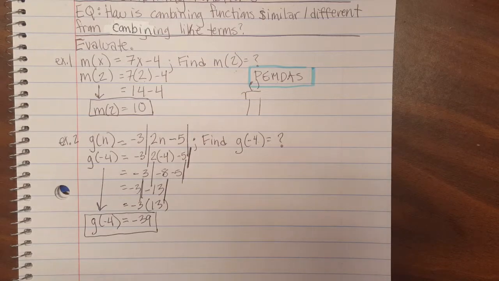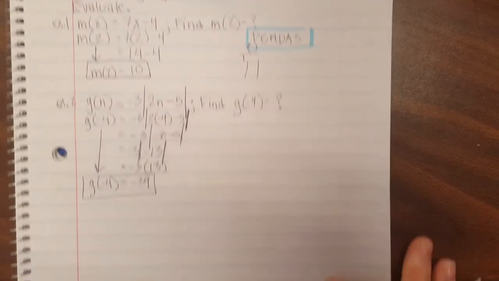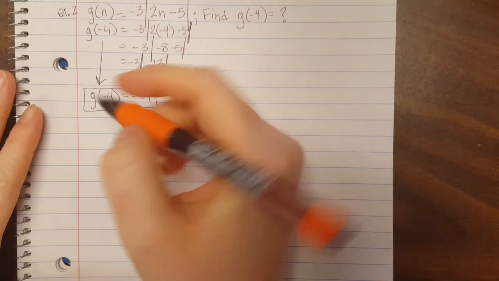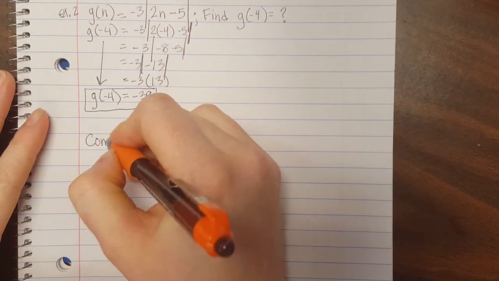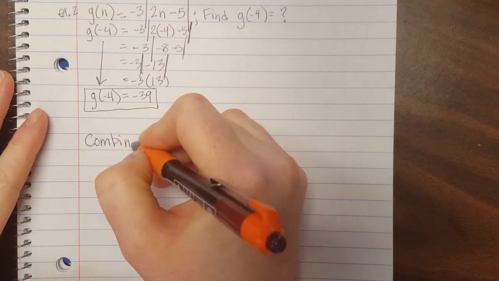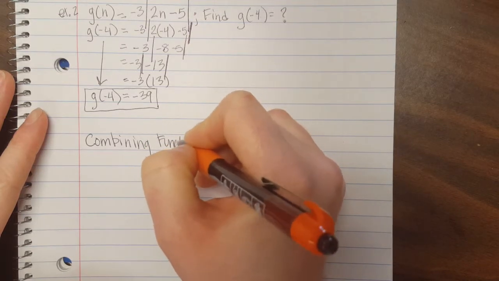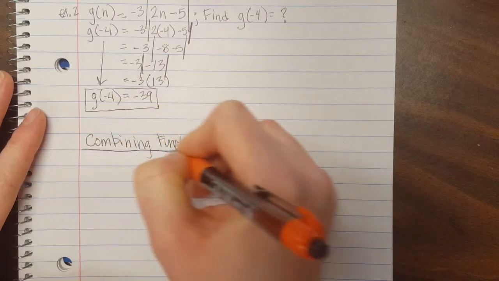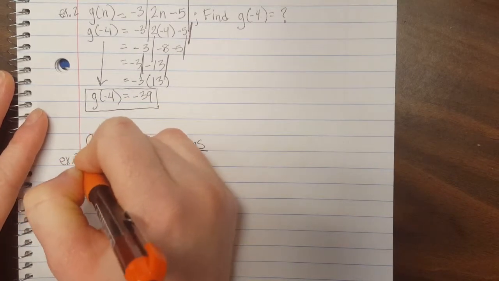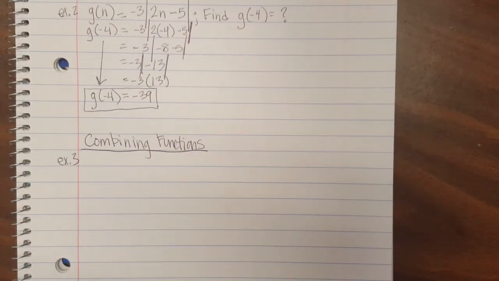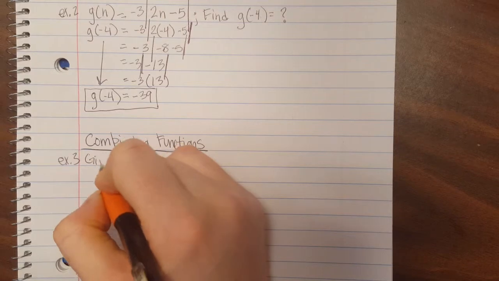Okay, we're going to start with a simple combination of functions. Okay, example 3. Now, when we're combining functions, we're actually told, first of all, what the given functions are.